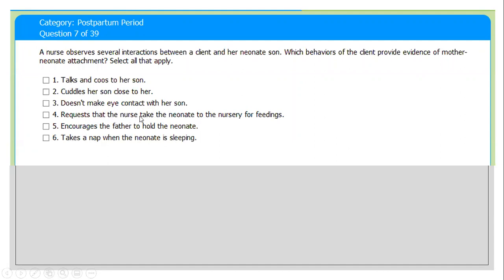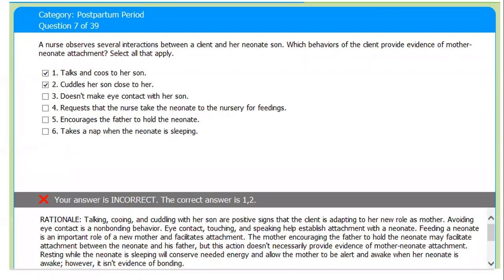Requests that the nurse take the neonate to the nursery. Encourages the father to hold the neonate, and takes a nap when the neonate is sleeping. The correct answer is talks and coos to her son and also cuddles her son close to her.